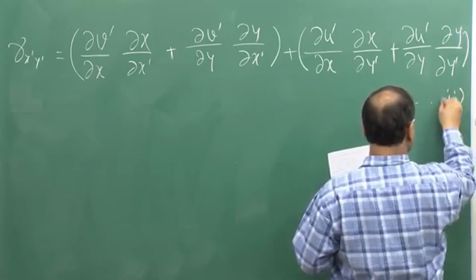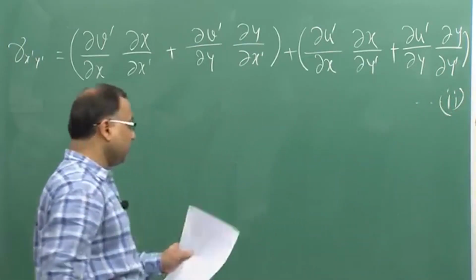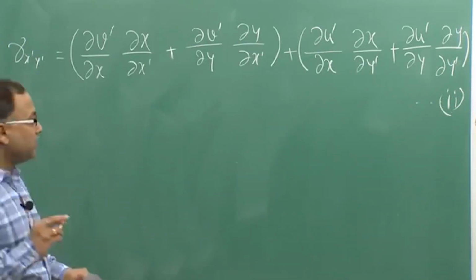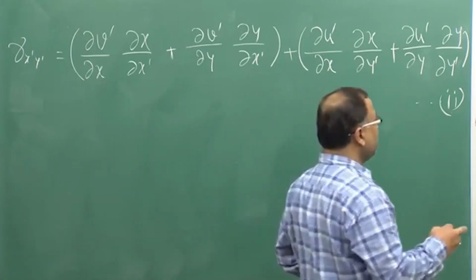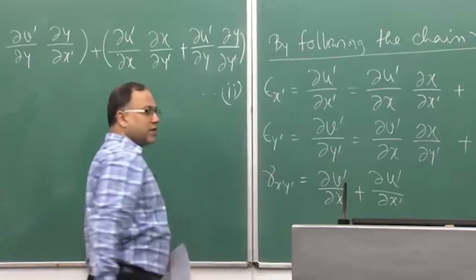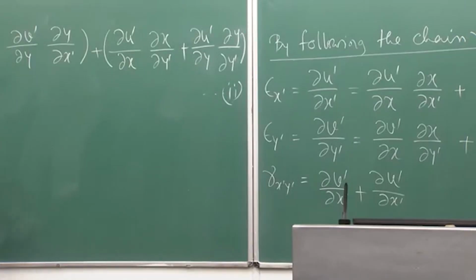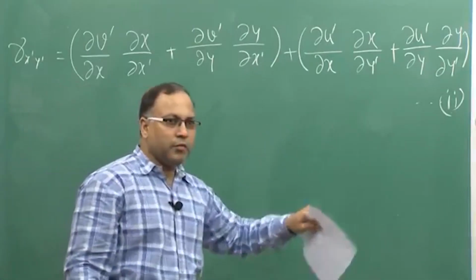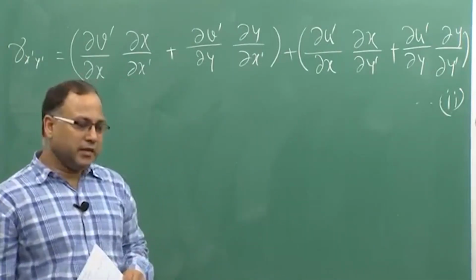All these equations I am calling equation 2. So by following the chain rule, I am expressing epsilon x prime, epsilon y prime and gamma x prime y prime by these expressions.